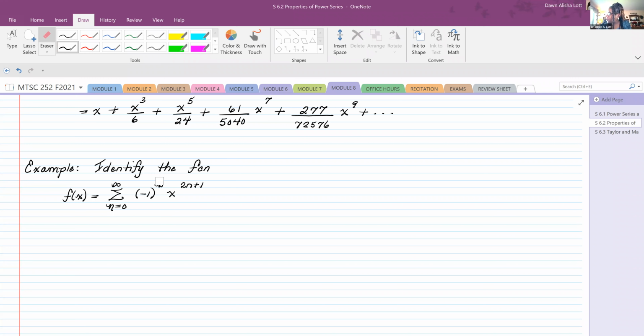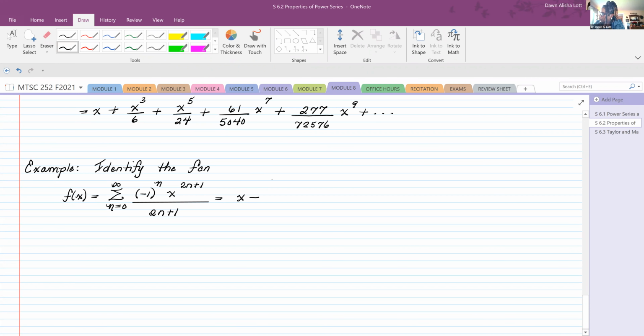divided by 2n plus 1. Okay, so as I start to write out this series, when n is 0, I just get x.